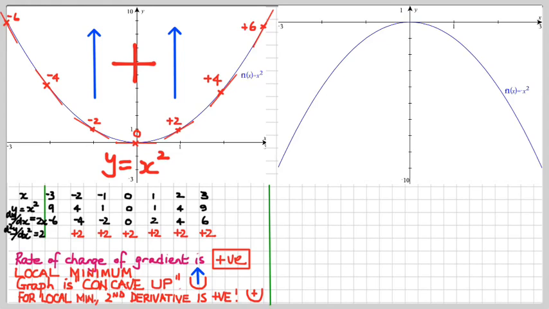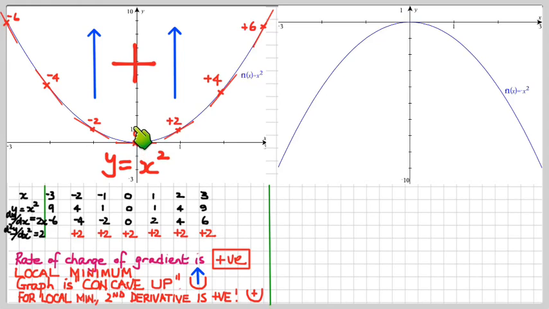Now, this is very marvelous, because in methods, what you have to do to verify the nature of a stationary point is test the gradient on either side of that point to get a bit of a profile of what the derivative is doing, and thence conclude whether you've got a local maximum or a local minimum. But with this technique, once you know you've got a stationary point, you take the second derivative, at the value of x where you've got the stationary point, which is 0 in this case, right?